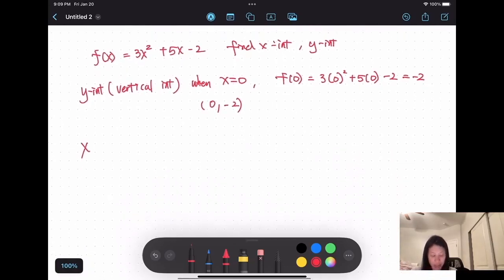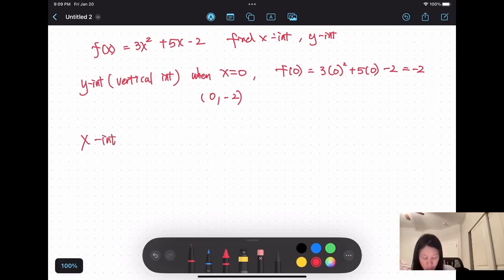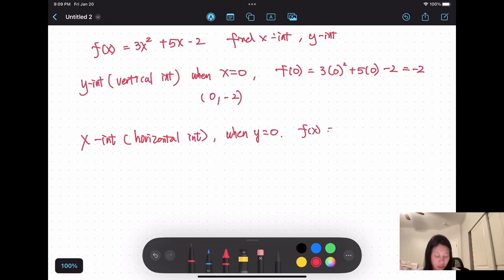Okay, now the x-intercept. The x-intercept is also called the horizontal intercept. That means when y equals 0, so f of x equals 0. This is our y, right? So that means 3x squared plus 5x minus 2 equals 0. Now we need to solve it. Well, you can use the AC method to factor it and then solve it.